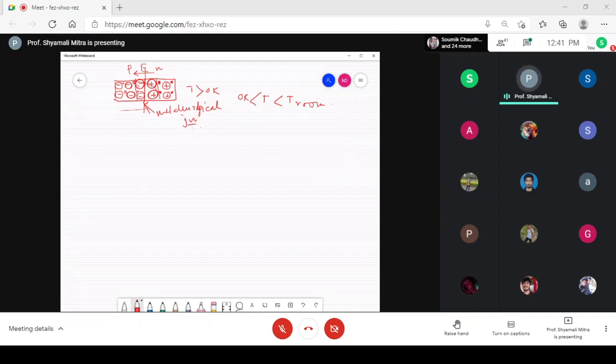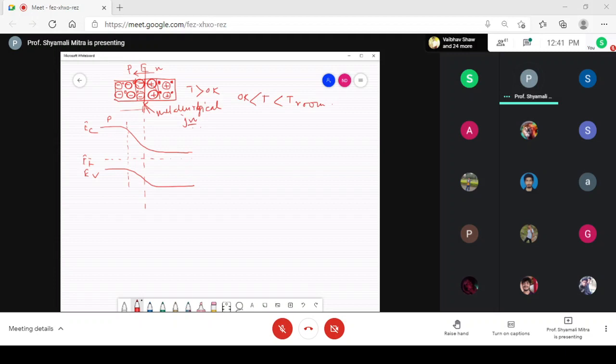So let us draw a constant Fermi energy level, E of F. On the P side, this is EC, and this is your EV. Similarly, this is the metallurgical junction.